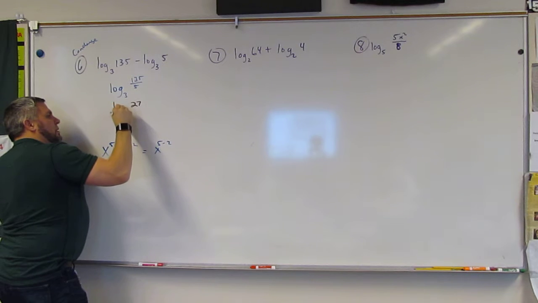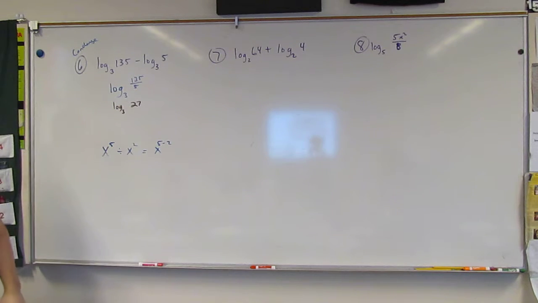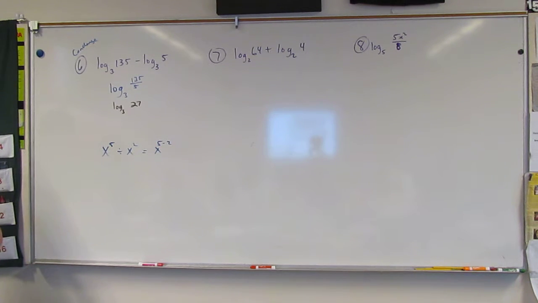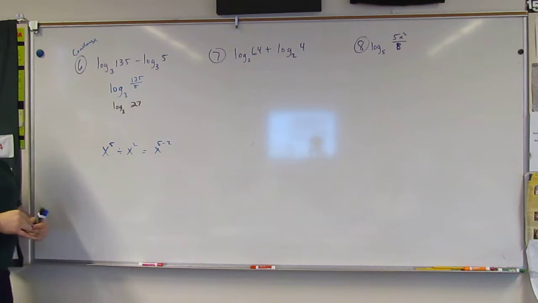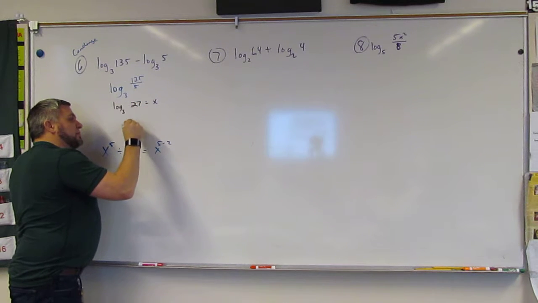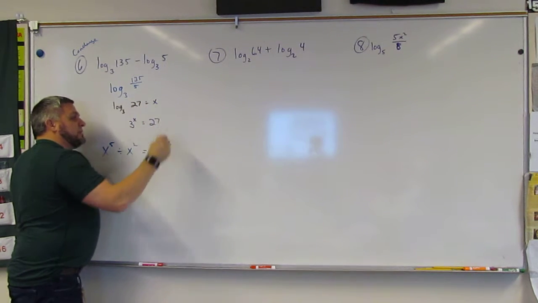Okay, so log base 3 of 27. When we think about log base 3 of 27, we could be done, right? Or we could think out loud, like, what is that? If this is equal to x, then that means 3 to the x is equal to 27.